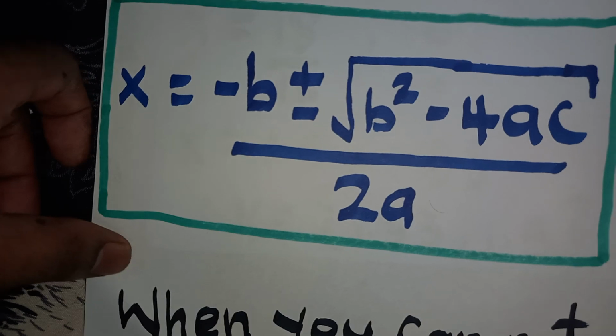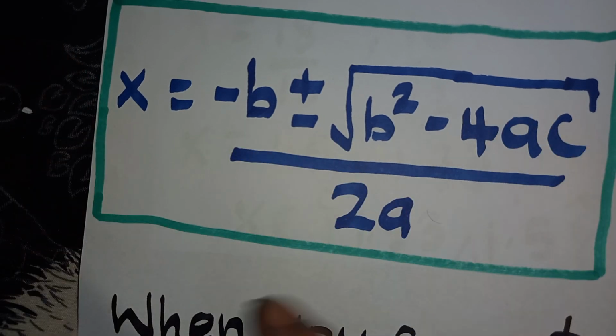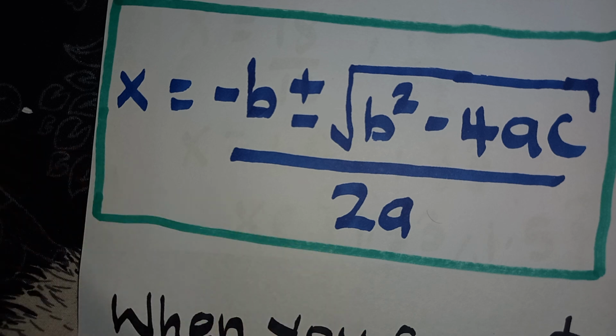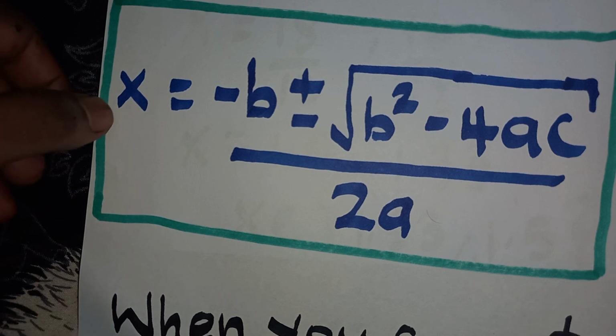So that means the quadratic formula is a neutral formula that can be used in both scenarios, where you can find the two factors and where you cannot find two factors while factorizing any quadratic. This formula is neutral and it can be used in both the scenarios. Okay. All right.